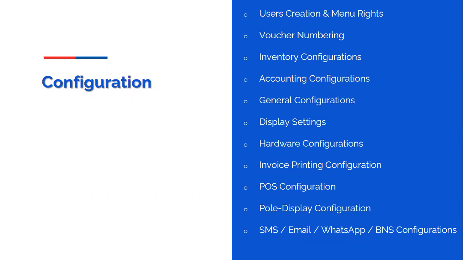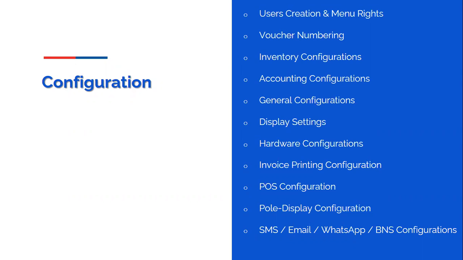Next is invoice printing and configuration. So I already told you that in Busy we have the invoice configuration. In that you can add your company logo, watermark, column change, etc. So based on your requirement, we have the option to configure that under the invoice printing configuration side.